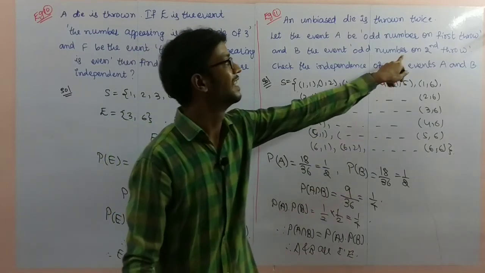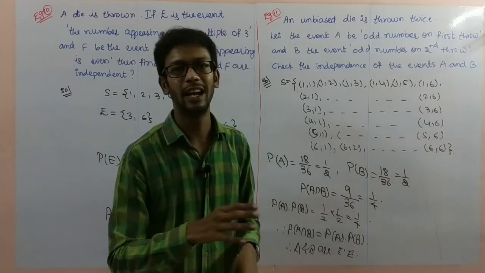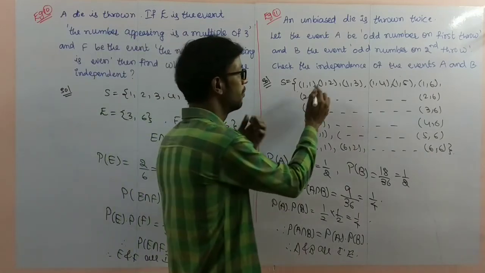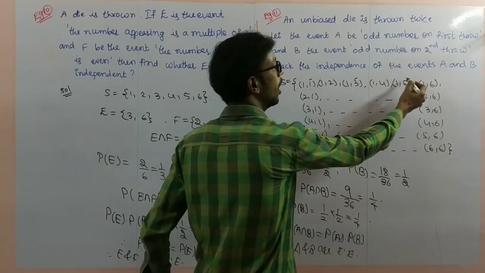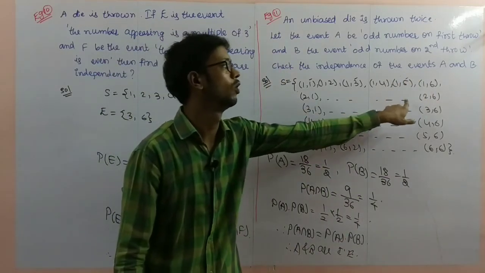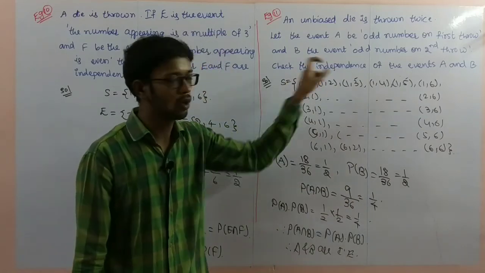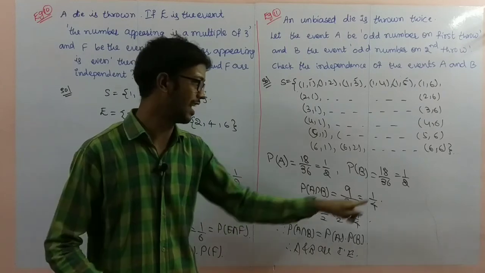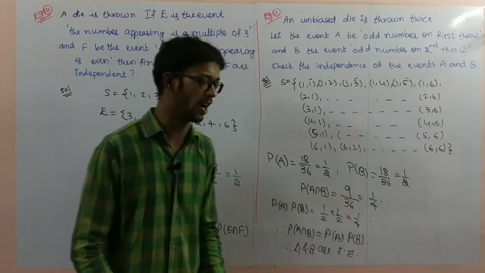Probability of B, the second throw is an odd number. You observe 1, 2 and here 3. Next here also 1, 2, 3 you will get. Like each row 3 you are getting. Total rows is 6. So 6 threes are 18. 18 by 36 is 1 by 2.